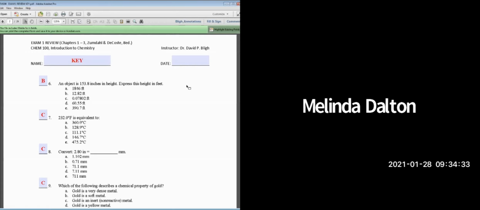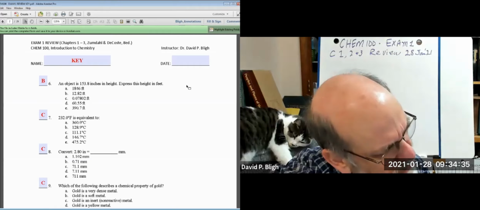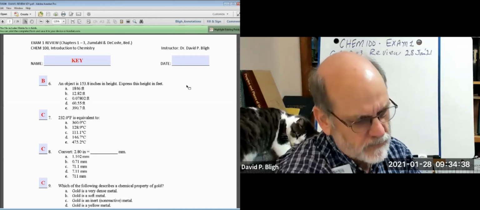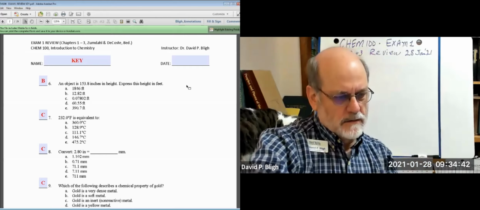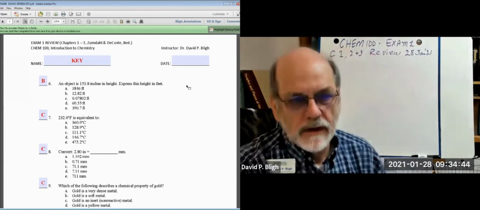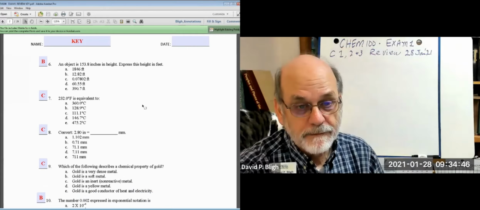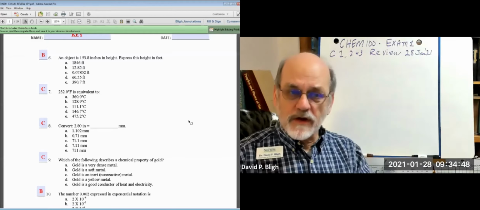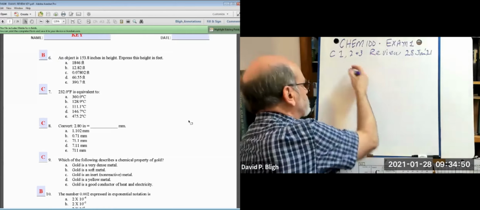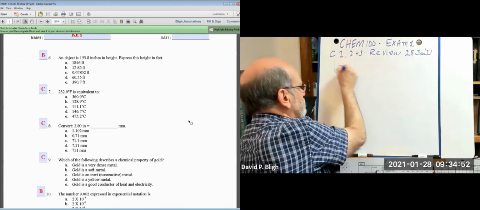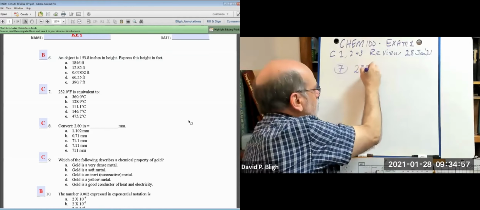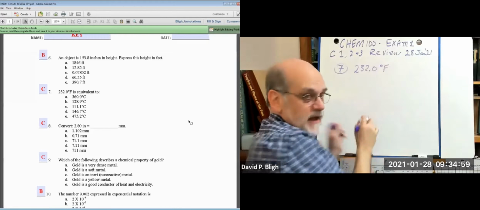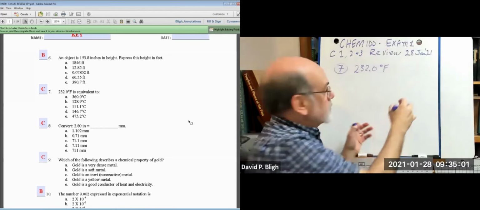Okay, so now let's skip to number 7. Here we go. So here we go the other direction. We want to convert 232.0 degrees Fahrenheit to degrees centigrade.